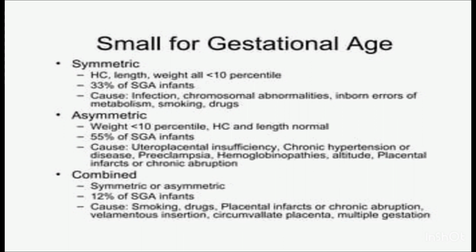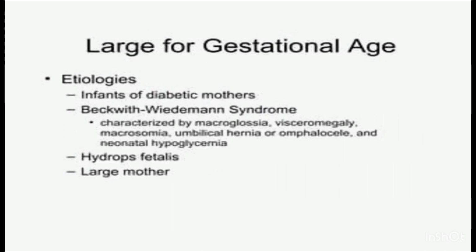Causes include placental insufficiency, chronic hypertension, preeclampsia, chronic abruptio placentae, hemoglobinopathies, altitude, and placental infarction. In the combined form, symmetric and asymmetric etiologies occur together. 12% of SGA infants fall in this group. Causes are smoking, drugs, placental infarction, chronic abruptio placentae, or velamentous insertion.